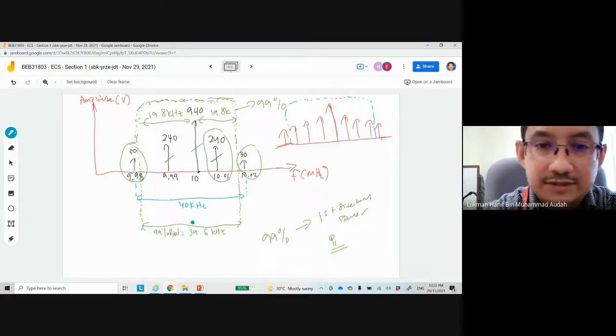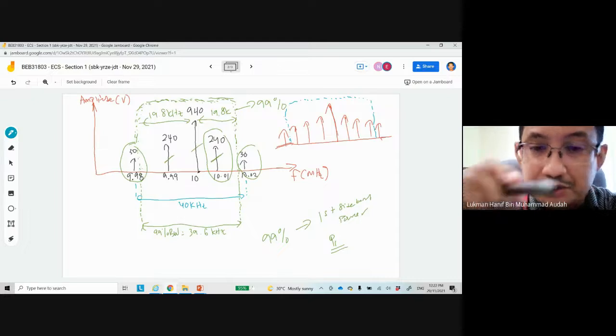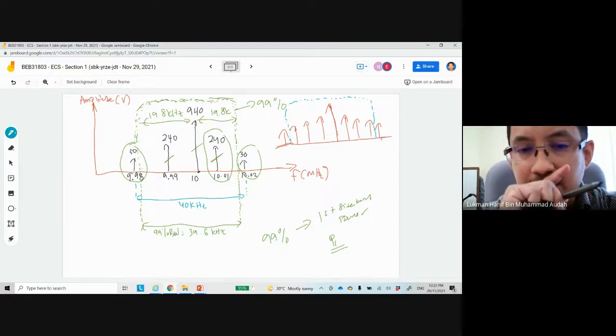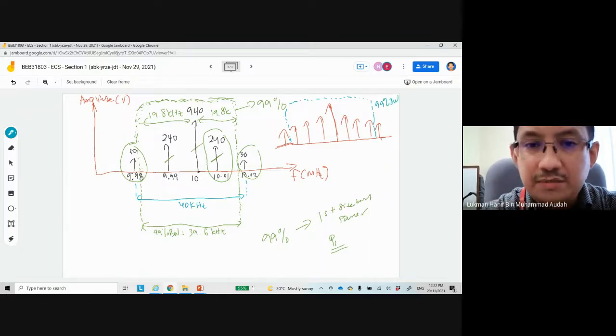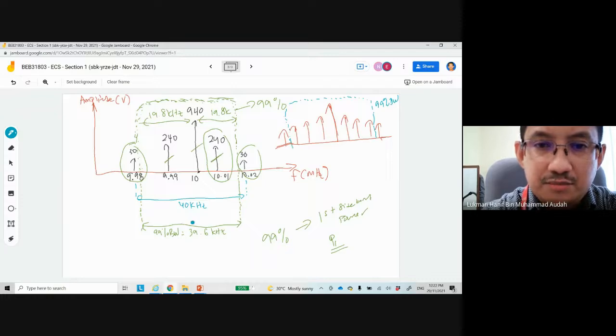Ini contoh, saya tak ingat ada berapa spektrum, tetapi apabila kita mengira 99% of bandwidth, that means it is between these blue boxes dalam range yang ini.